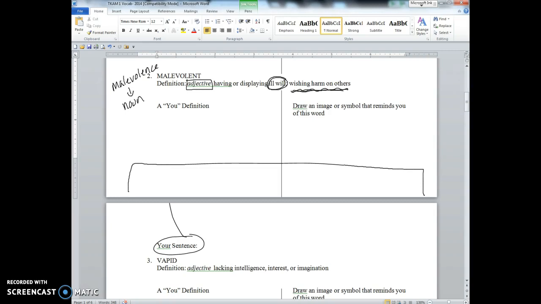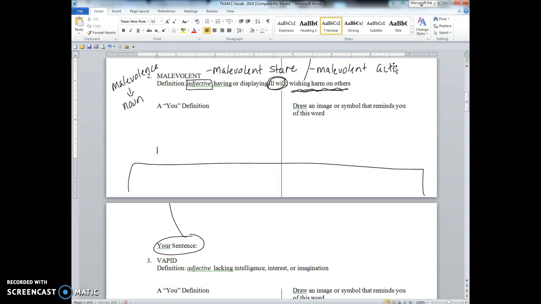Now, when you use the word malevolent, you can describe a person, but you can also say they gave a malevolent stare. So that means that they're looking at somebody with intense hatred, like they want something bad to happen to them. You can also portray or do a malevolent act of some kind.